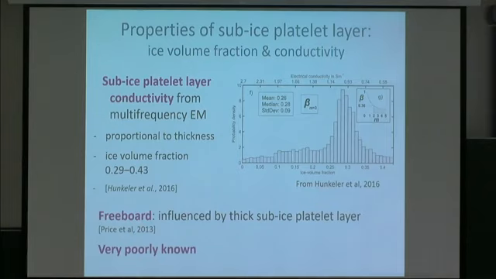And there's some very nice work published last year on electrical conductivity made from multi-frequency electromagnetic induction techniques. And what their result was from Hunkeler et al., is that the ice volume fraction was in the range 0.29 to 0.43, or alternatively you can think of that in terms of a range of electrical conductivities.